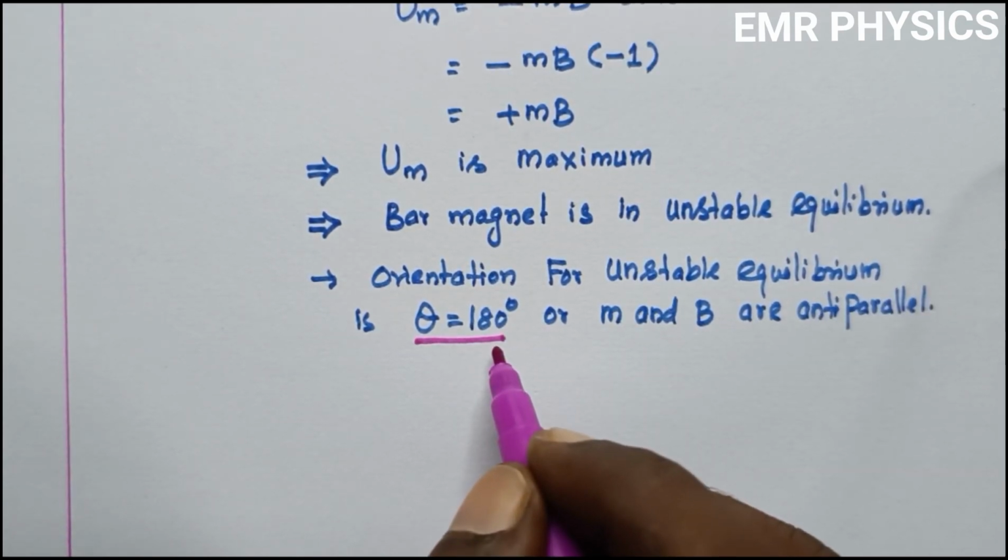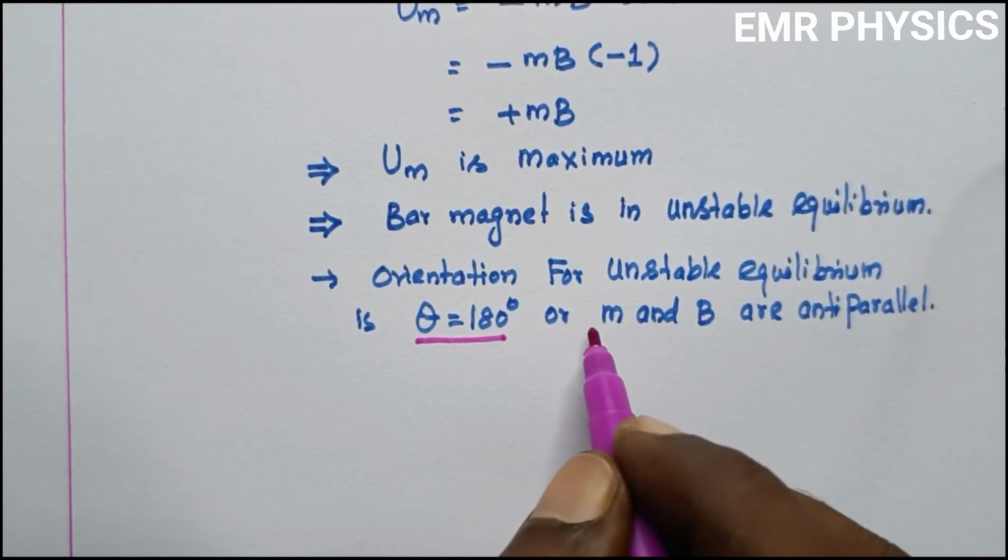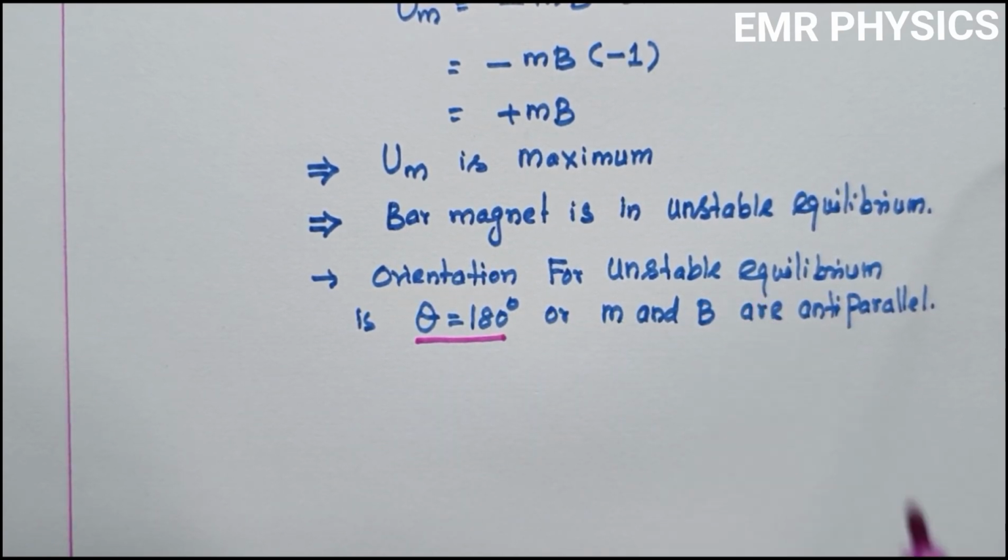That means if M and B are anti-parallel, this is the orientation for the unstable equilibrium.